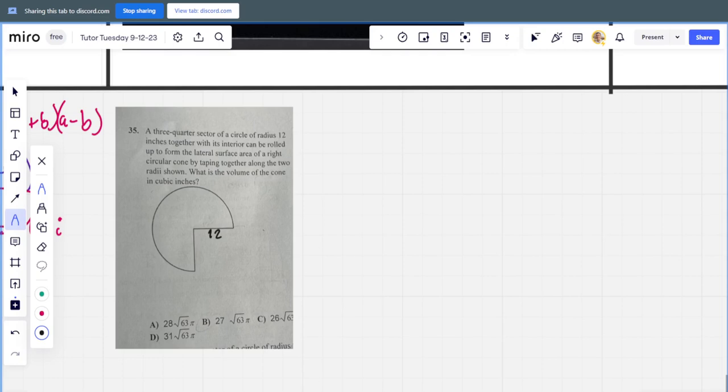Dang, okay. What is the volume of the cone in cubic inches? Solid geometry, definitely. Rolling it up and taping together the two radii would form a cone, the lateral surface of a right circular cone.